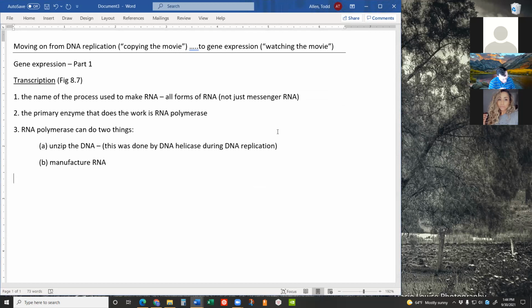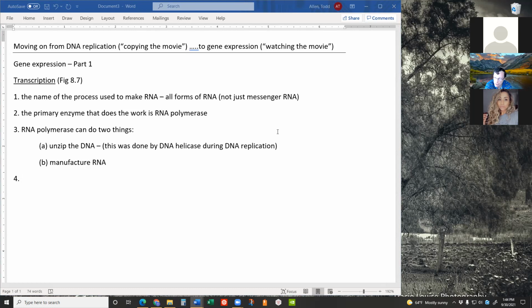What else? Okay, number 4 here. Just type into the chat window, folks, how did DNA helicase know where to start unzipping the DNA? Right, the origin of replication for DNA replication.